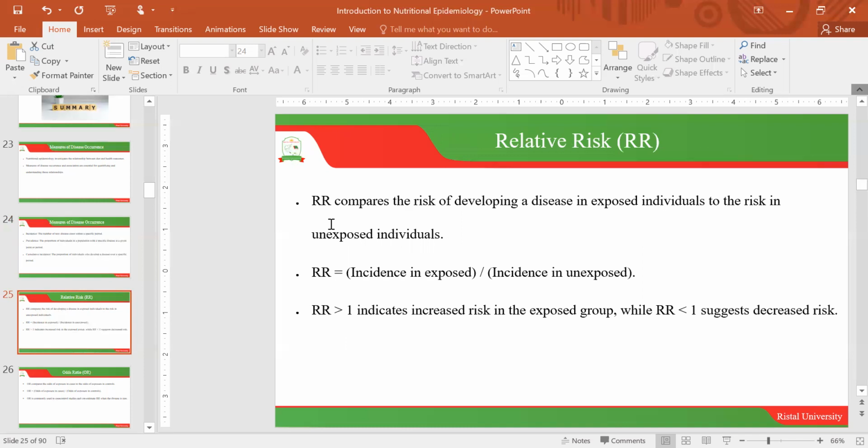Measures of association refer to how we quantify the relationship between a given health outcome and a given risk factor.